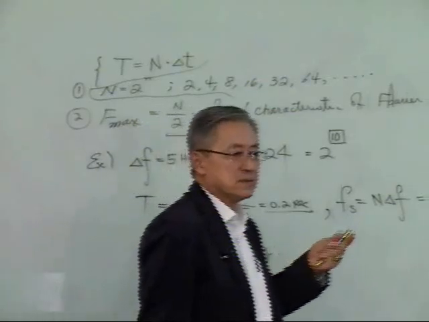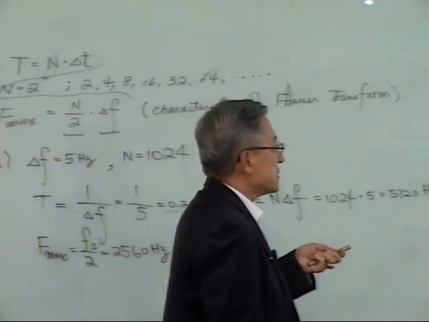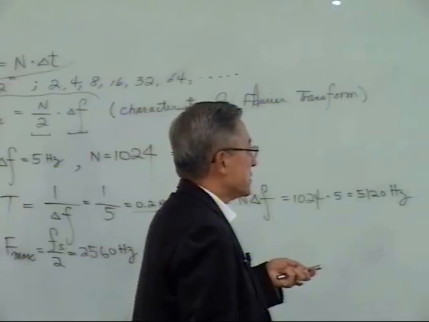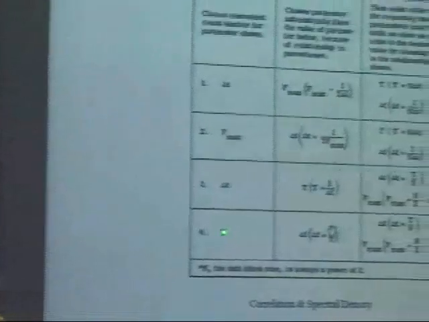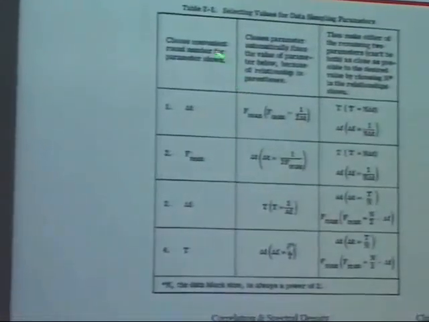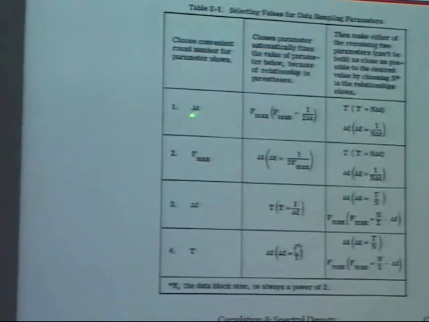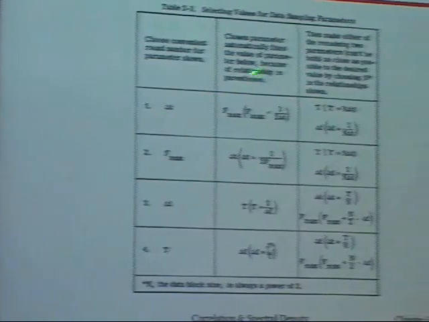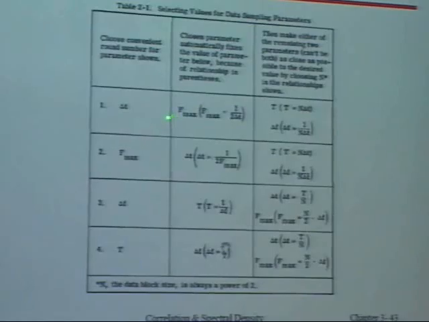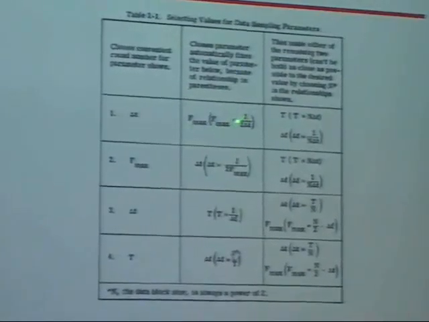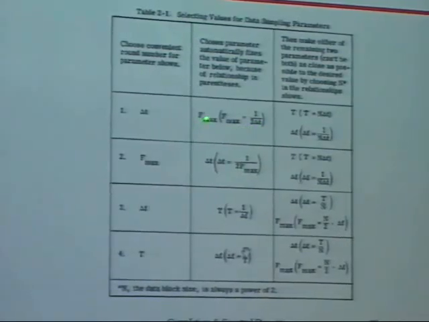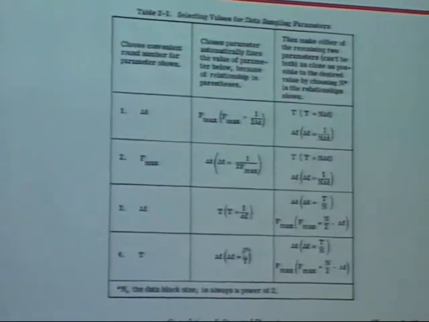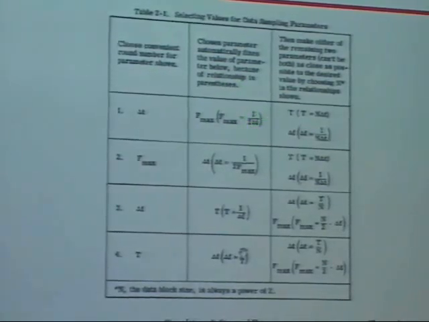So it's just delta T, F max, delta F, capital T. These are the basic 4 parameters. So you choose these parameters, then you can determine, for example, F max. F max is 1 over 2 delta T, 2 times F max is the sampling frequency, Fs. Fs is equal to 1 over delta t.